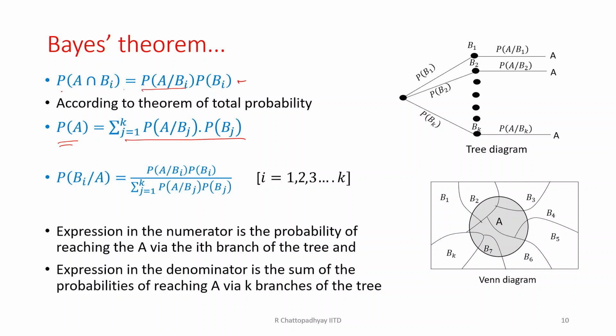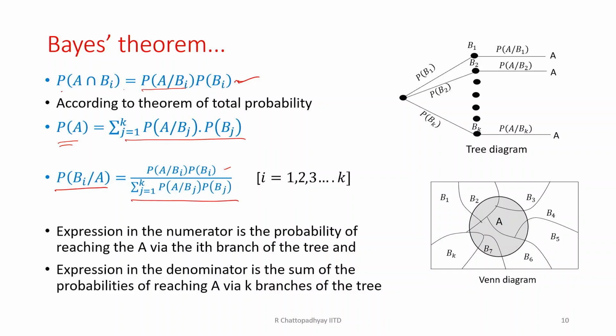And therefore, P(Bi given A) can be written as P(A given Bi) into P(Bi), that is this one, divided by whatever is written for P(A), which we have found out earlier. So we have the numerator, and this is my denominator.